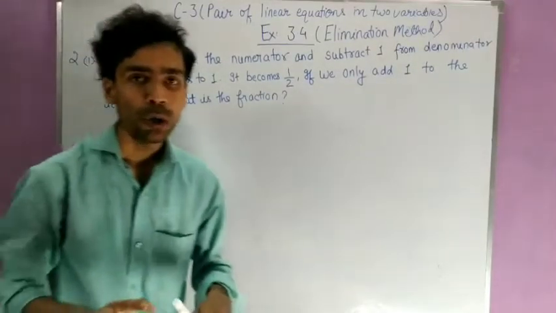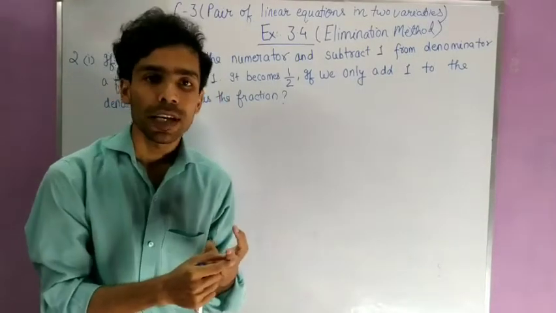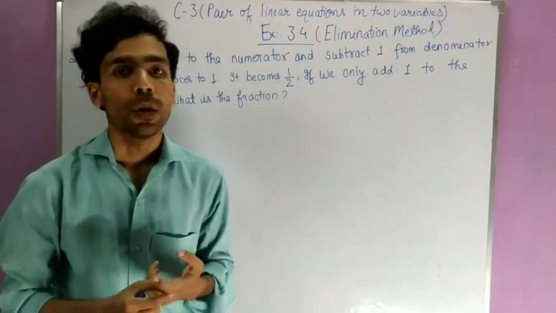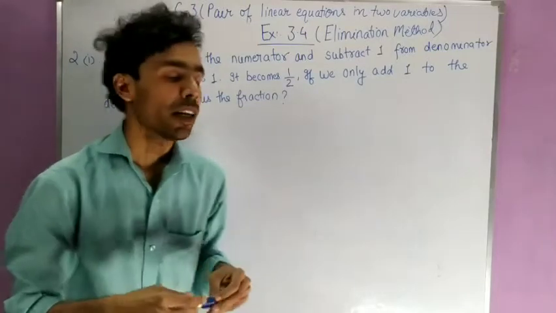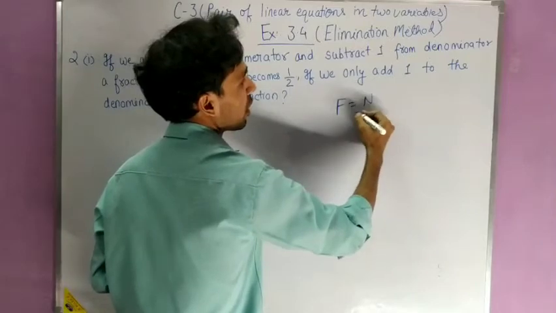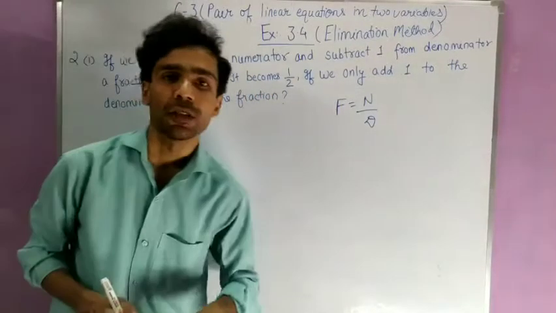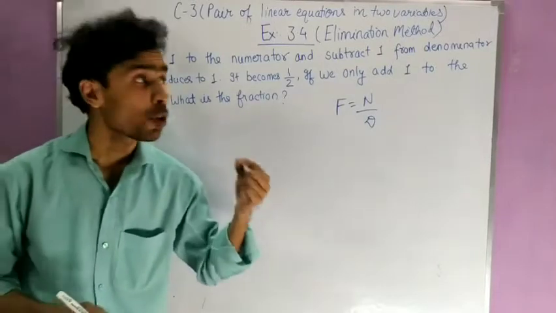We all know that in a fraction there are two things. First is numerator and second is denominator. So whenever you write a fraction, you write it like this: fraction is equal to numerator upon denominator. So this is the value of the fraction. So what is the question saying?